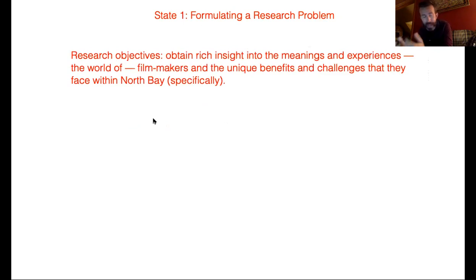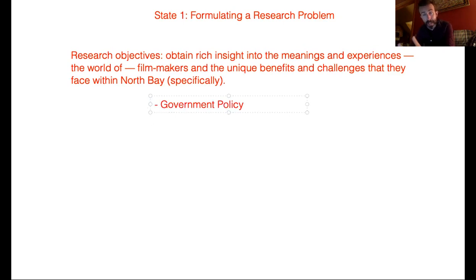So perhaps based upon that, I might be able to influence government policy about zoning issues or bylaws, about such things as, I'm just brainstorming, certain licenses that you need to film in certain areas and so on. I understand it's quite lax here in North Bay, but nonetheless, maybe I could develop a policy.